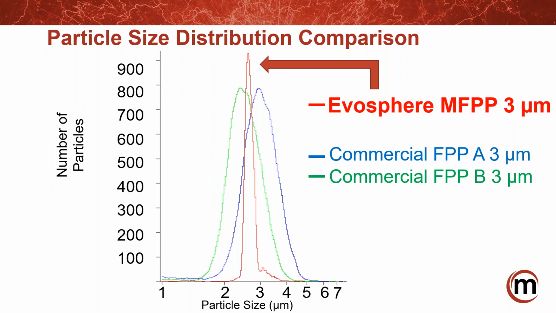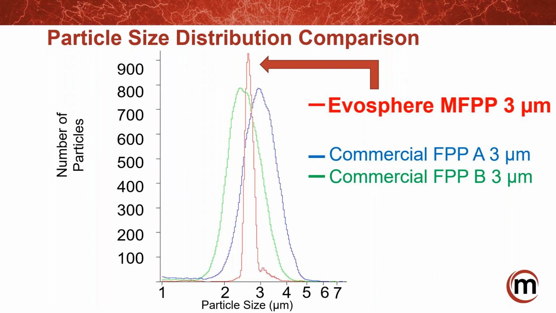Here we're showing 2 commercially available, fully porous 3 micron materials. The way you look at particle size distribution is, let's take the count of particles at the 90th percentile and divide them by the count of particles at the 10th percentile. The closer those two numbers get to 1, the more monodisperse the material is.